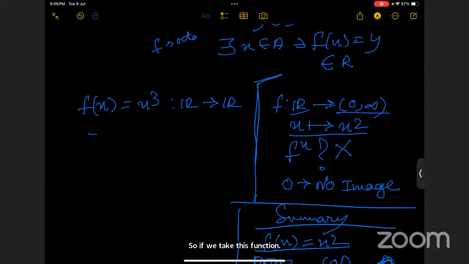whether it is 1-1 or onto, first check with 1-1. You already know it is 1-1, right? So whether it is onto or not.